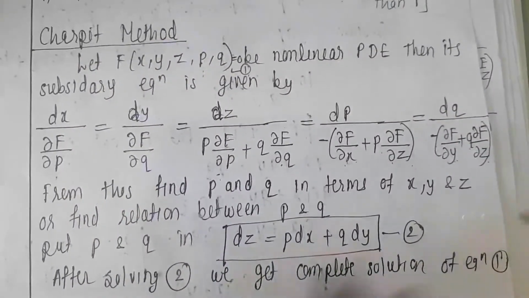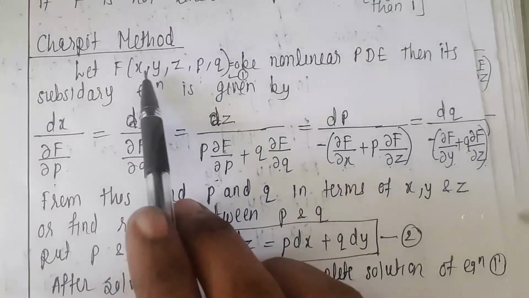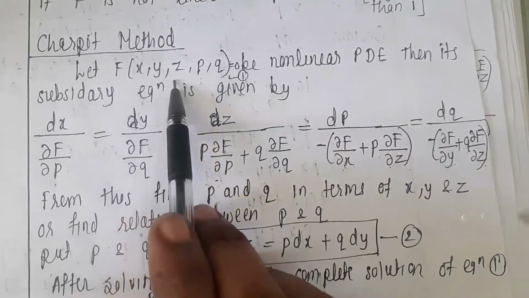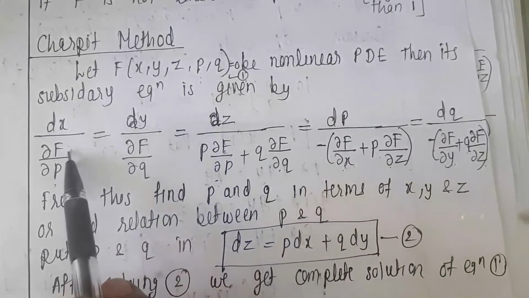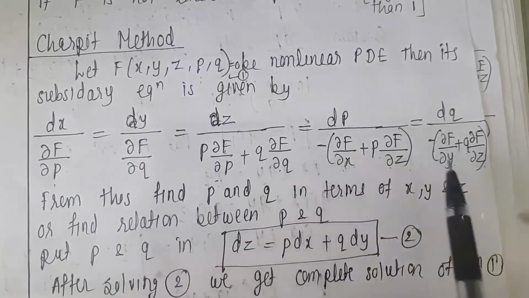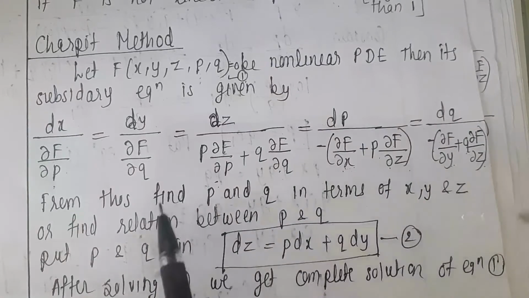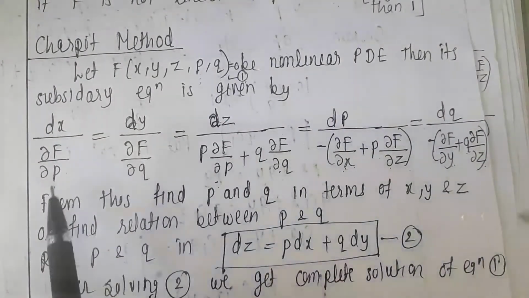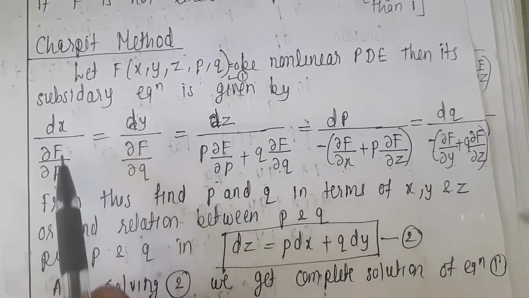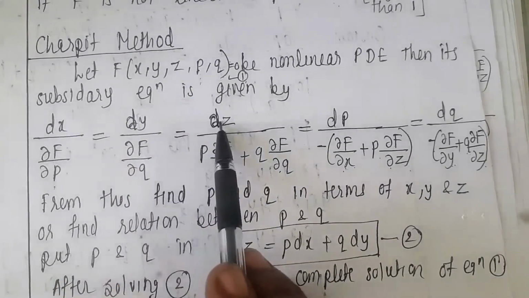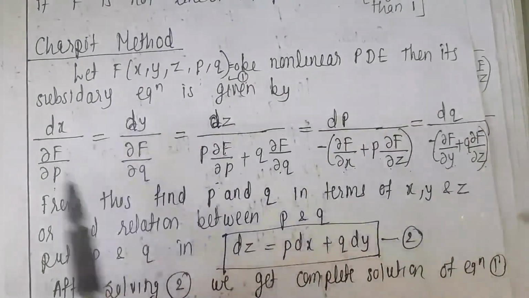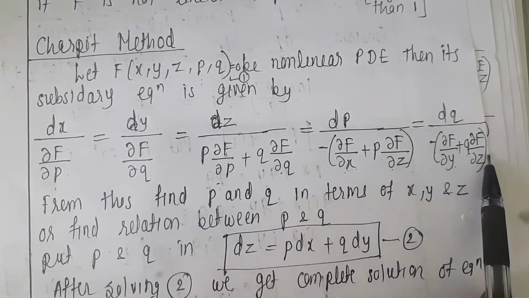So three steps are important. First, denote the function by f, whatever the given differential equation is. Then find ∂f/∂p, ∂f/∂q, ∂f/∂x and ∂f/∂y. After finding all these terms, write the subsidiary equation, that is dx by ∂f/∂p, dy by ∂f/∂q, and so on, and consider any two ratios to get the value of p or q.